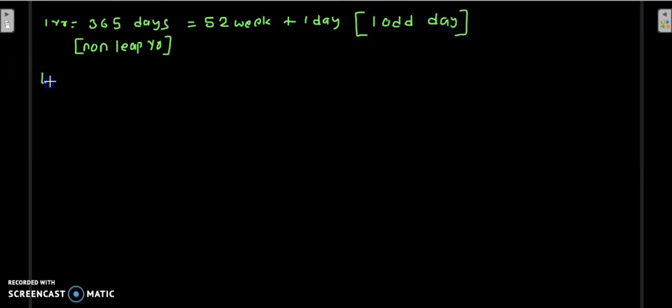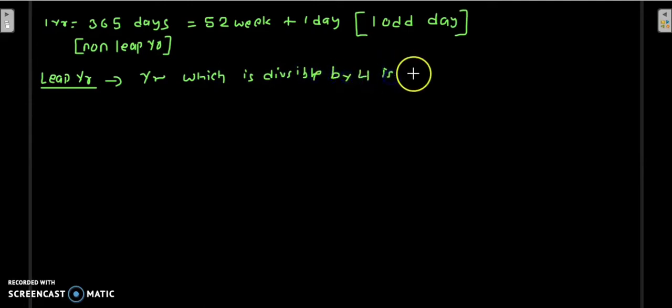Now when we talk about leap year, a year which is divisible by 4 is called a leap year.